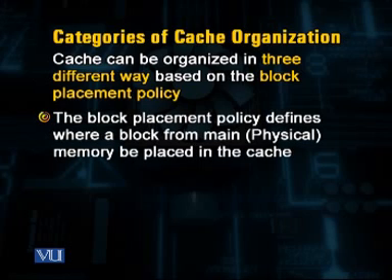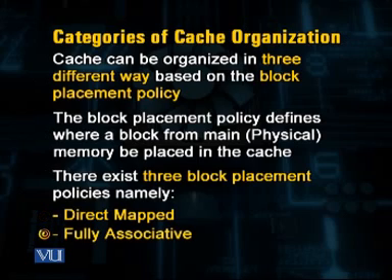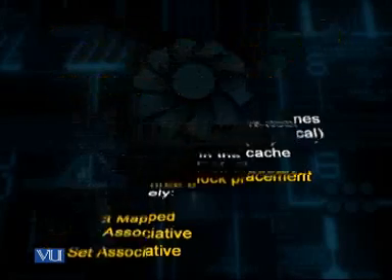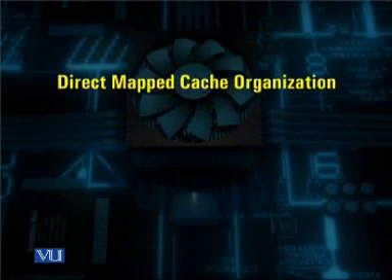The block placement policy defines where a block from main or, say, physical memory can be placed in the cache. There exist 3 different block placement policies, namely direct mapped, fully associative mapped, and set associative mapped.